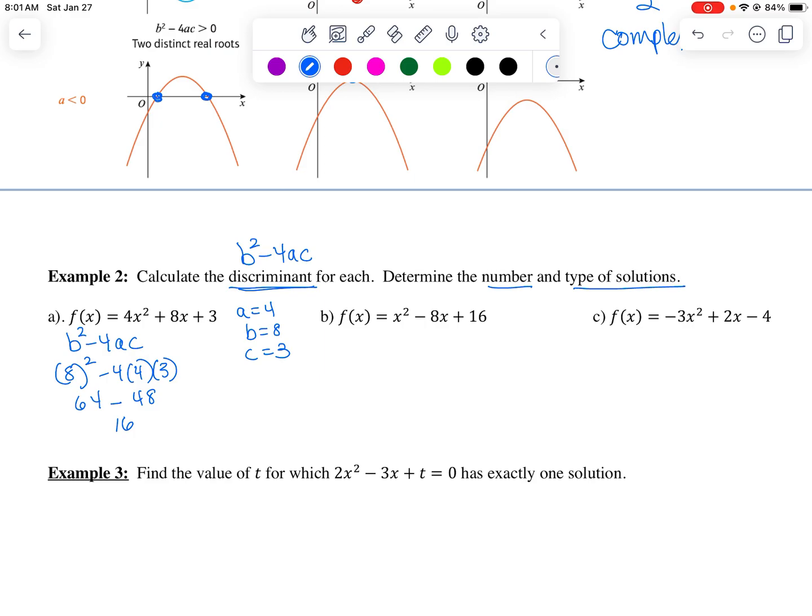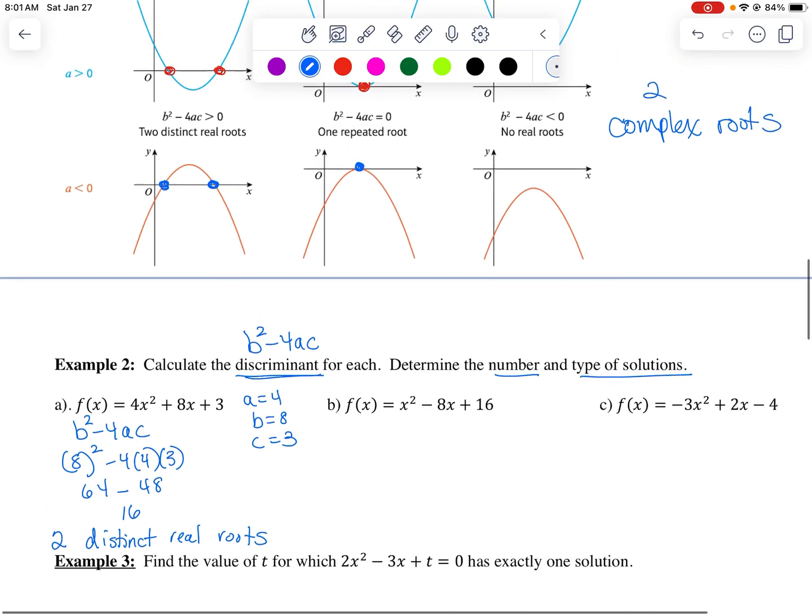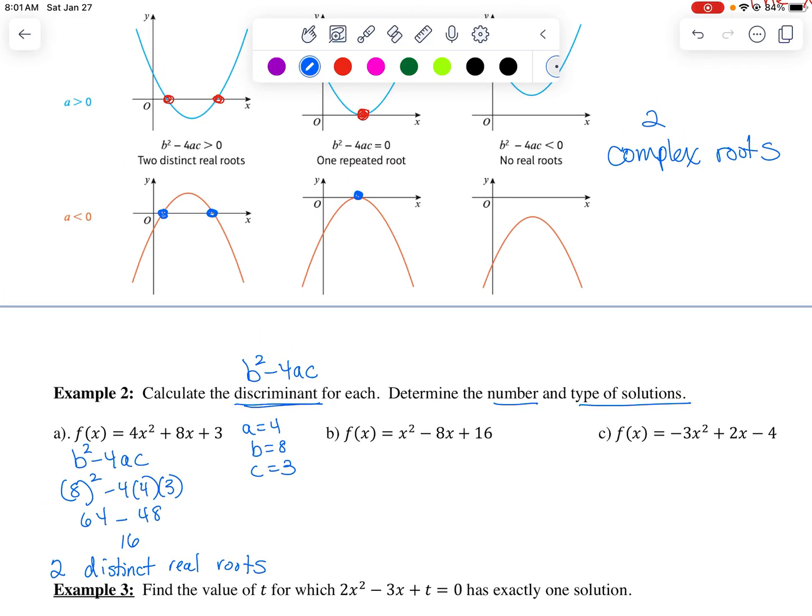So that's the discriminant. The discriminant is positive. So there's two distinct real roots. And I'm looking right above, right here. This is the case. This one opens up, so it's actually this picture. If you got your graphing calculators out and sketched it, that's what it would look like.